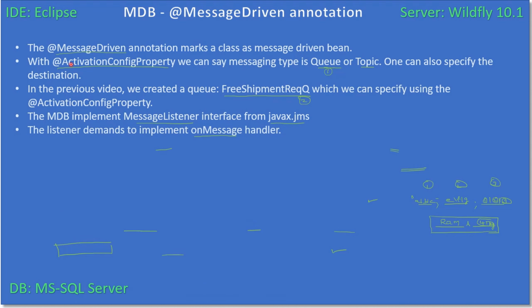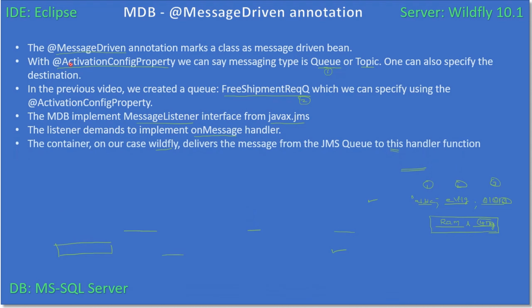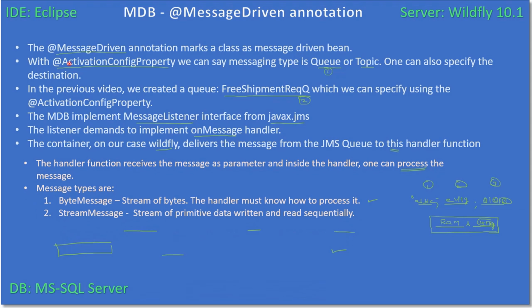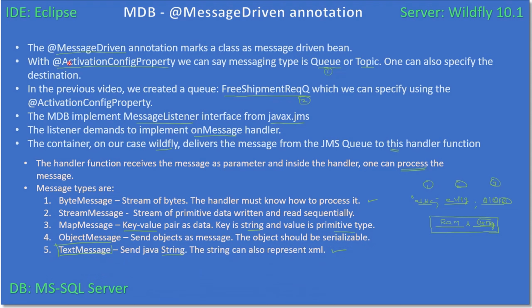Next, we created the MDB bean and saw how Eclipse provided the onMessage handler for us. Then we also learned about the message types. In this example, we are picking queue, then text message for exploring.